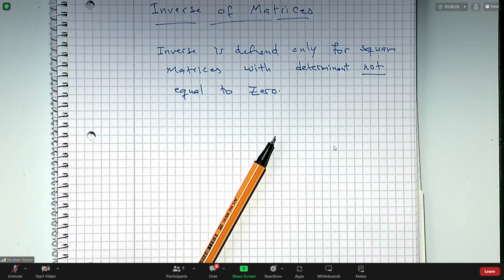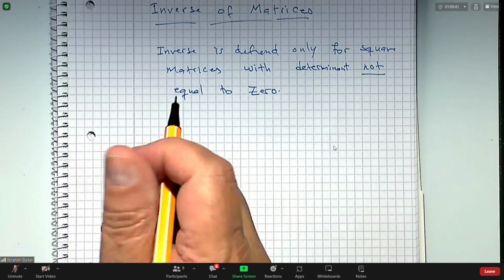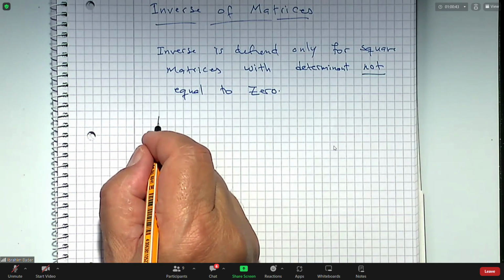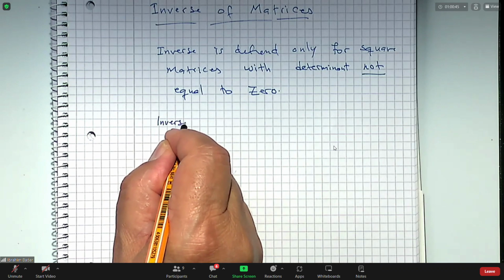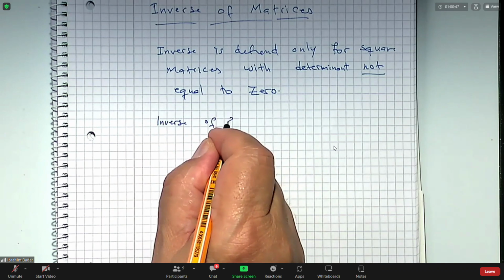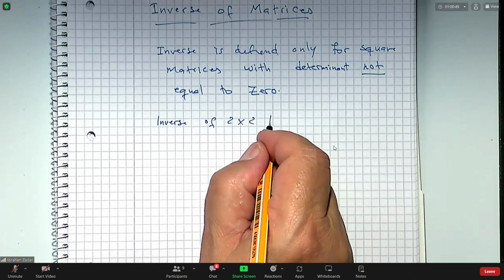However, for a 2 by 2 matrix, I will give you a shortcut. Of course, this is not arbitrary, because it has a proof. You can Google it if you like. So let's start with an inverse of a 2 by 2 matrix.